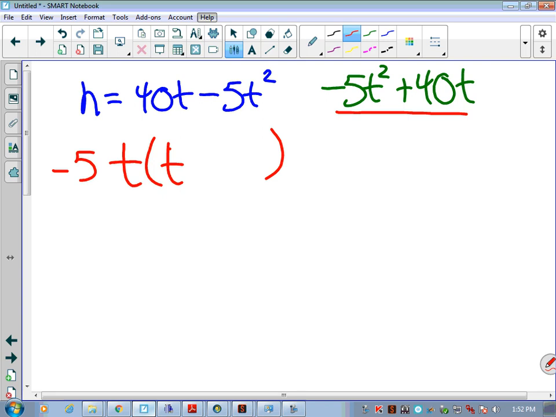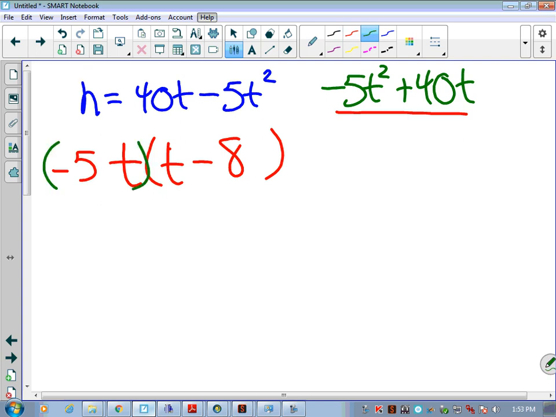Now we want negative 5 times something to be 40t. Well, it would have to be a negative number, because negative times a negative would be a positive. Negative what? Negative 8. Ocho.